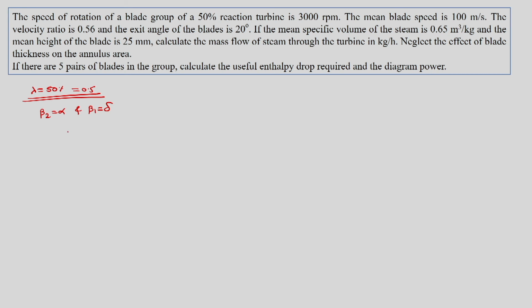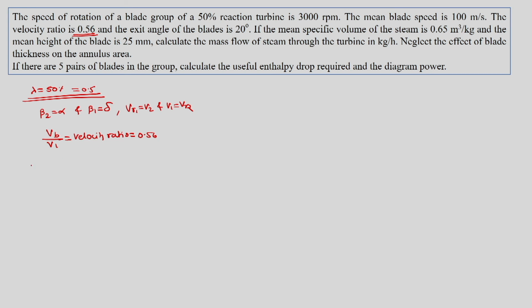And then we are also given the velocity ratio, which is the new thing: VB upon V1 is the velocity ratio, and that is given as 0.56. Further, for 50% reaction, we have VR1 equal to V2 and V1 equal to VR2. So let us solve this example.